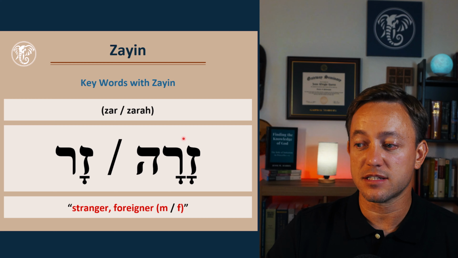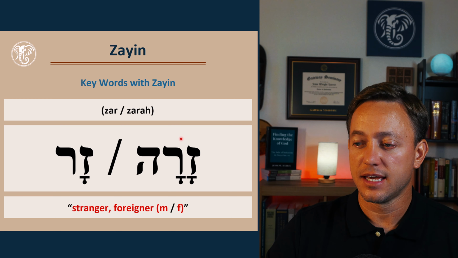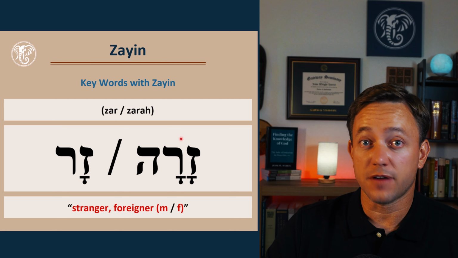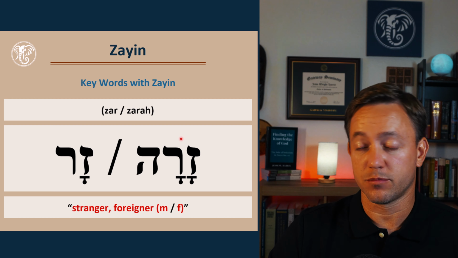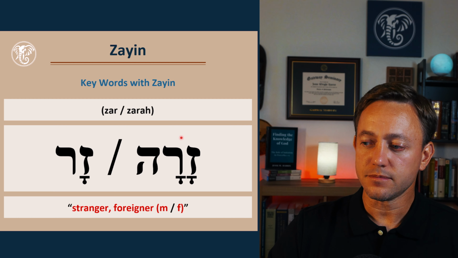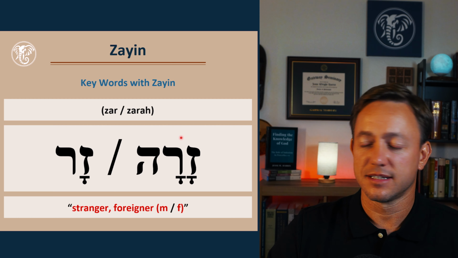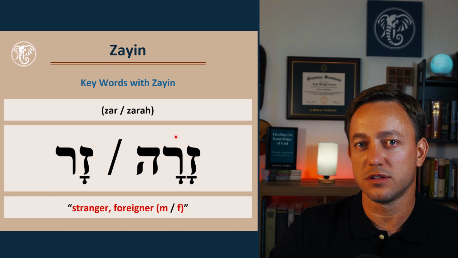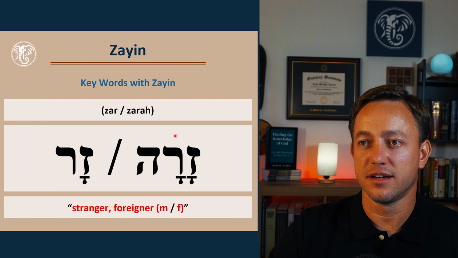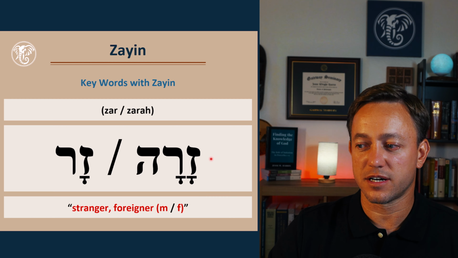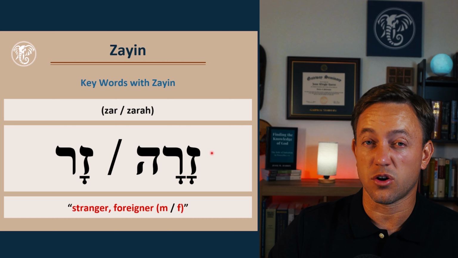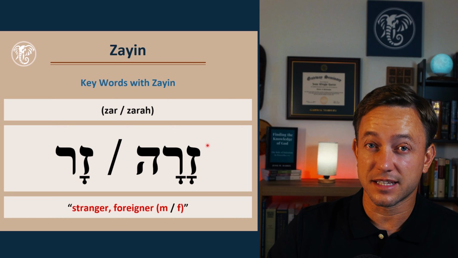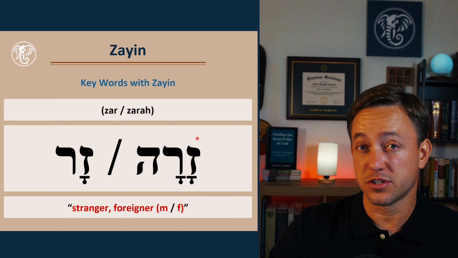And so she ends up getting associated with woman folly, as we find later in Proverbs chapter 9. There's an interesting metaphorical literary play on ideas and words, so that this Zara, who's a foreigner, gets associated with adultery and abandoning the ways of the Lord, also associated with folly.